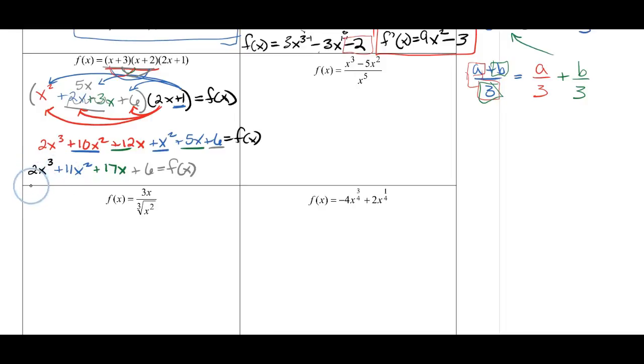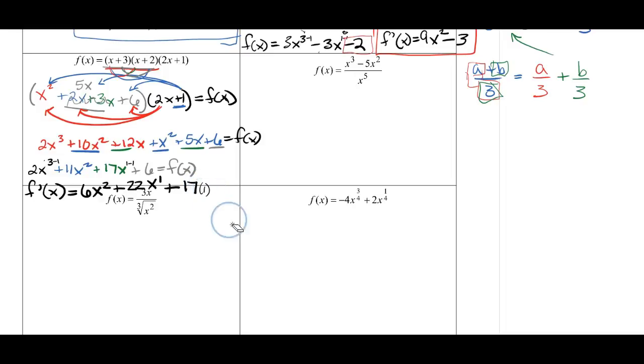My derivative, running out of space here a little bit, f prime of x, my derivative, equals 2 times 3 is 6, x, 3 reduced by 1 is 2, plus 2 times 11 is 22, x, 2 reduced by 1 is 1, plus 17 times 1 is 17, x to the 1 reduced by 1 is x to the 0, which equals 1.